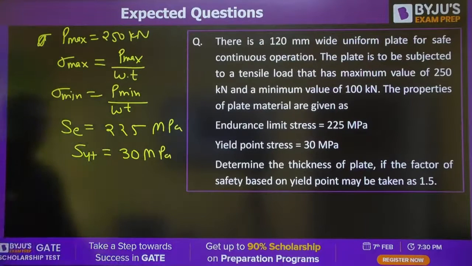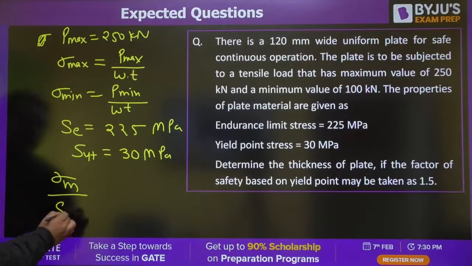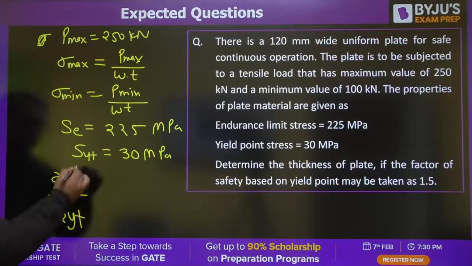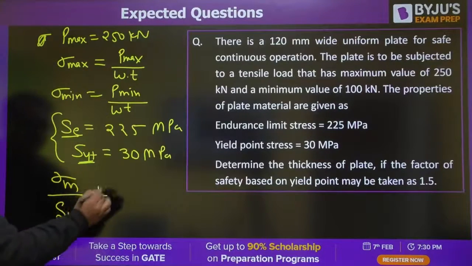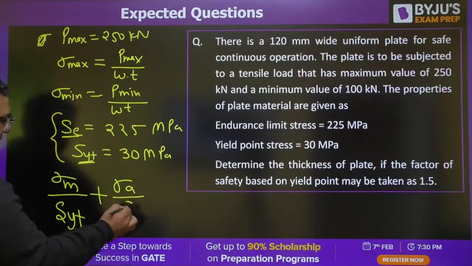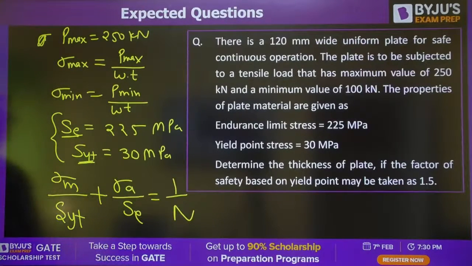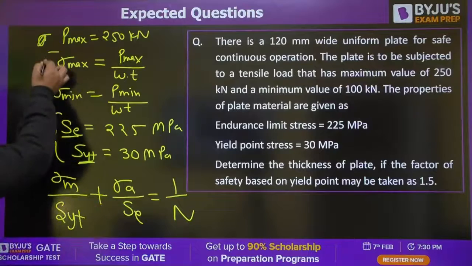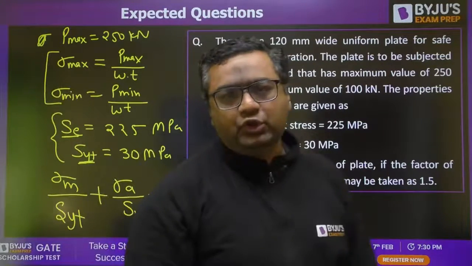So what is Soderberg? Soderberg is mean upon yield, since they have not given you the ultimate. From these two, you can go for Soderberg only. Then sigma mean upon SYT plus sigma amplitude upon SE is equal to 1 upon N. That is what you need to apply. From sigma max and min, you can find the mean and amplitude stresses.